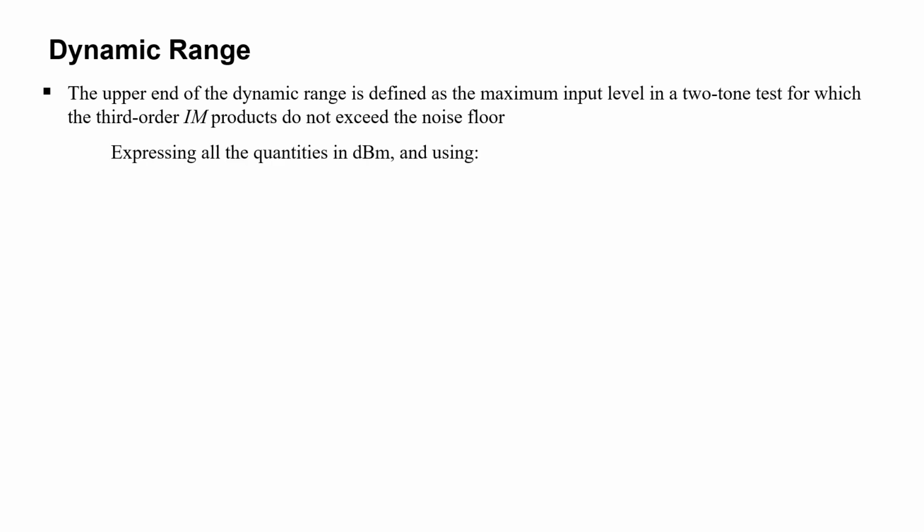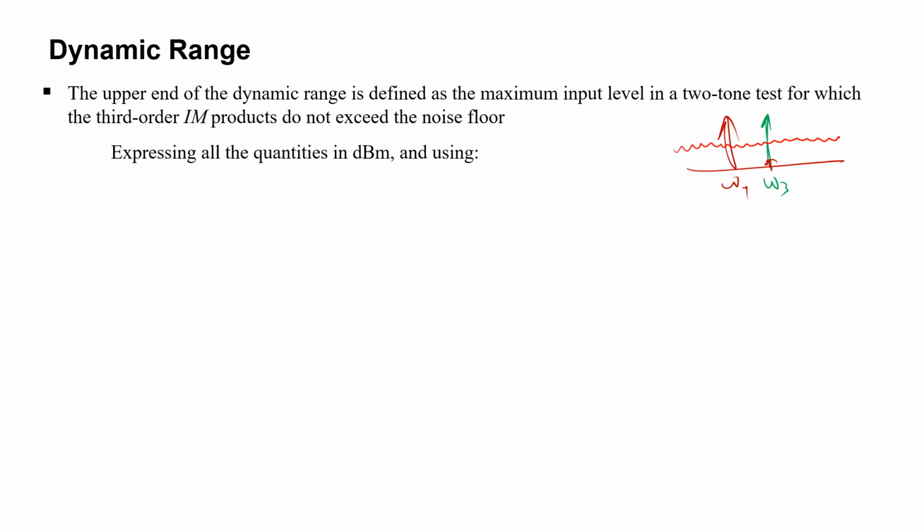So we have already seen what IM3 is. So imagine I have a two-tone signal omega 1, omega 2, and let's put the product as omega 3. So some of the products of omega 1 may cause interference in omega 3. So I want this product to be below noise level. Imagine my noise level is at this level, then the maximum is when the intermodulation product is below this level.